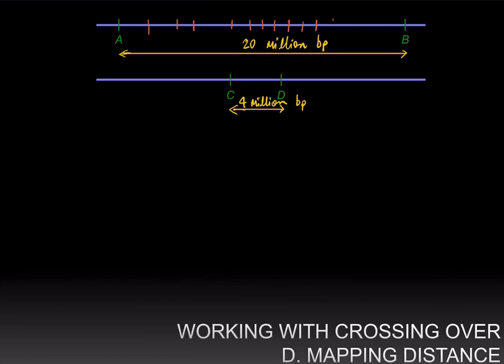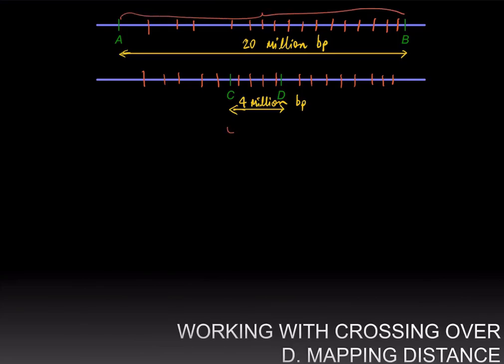Moreover, these double strand breaks and crossovers are random events, and therefore for the pair that is farther apart, AB, there is a greater chance of there being a crossover between AB than there is between C and D.